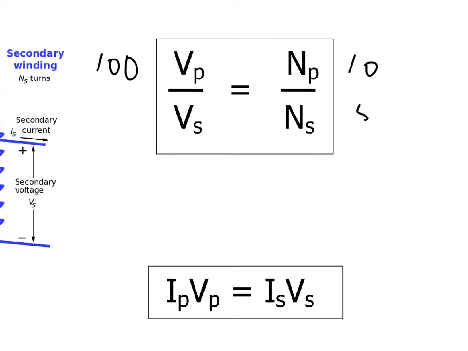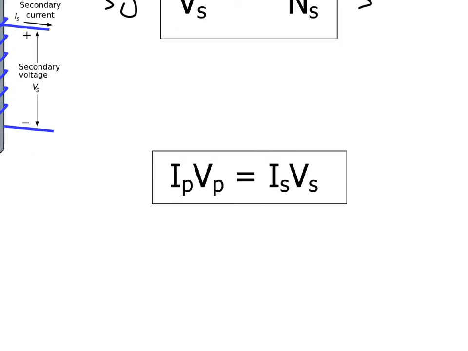And then say that I have 5 turns of wire in the secondary. Well, since we're doing a ratio here, 100 is to X as 10 is to 5, and the answer would be 50. So if you had 10 turns in the primary coil and 5 turns in the secondary coil, and your primary voltage is 100, then your secondary voltage is going to be 50. So half the number of turns means half the voltage. All right, that's pretty simple.